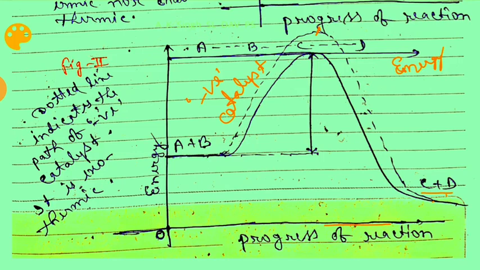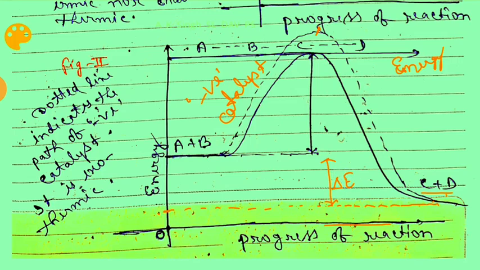The initial graph in the first figure, you have seen, indicates neither exothermic nor endothermic reaction, but this graph clearly indicates the exothermic reaction because the energy of product is less, and hence such an amount of energy is released.